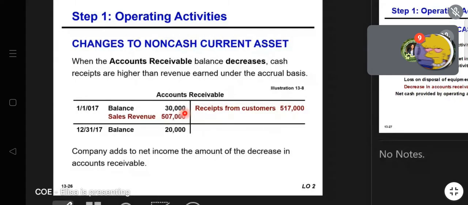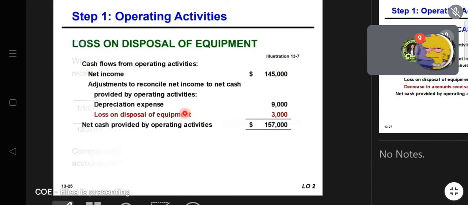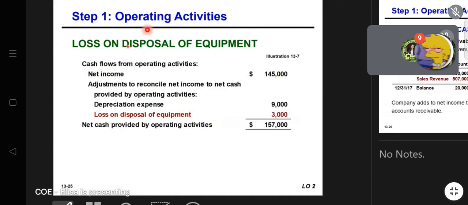the next activity here is we will look into the changes to non-cash current assets. We will go back to our balance sheet. Item number 1, we're done. Item number 2, we're done.